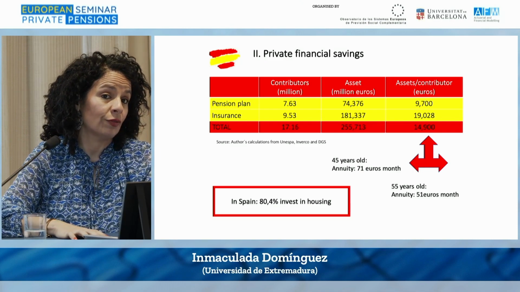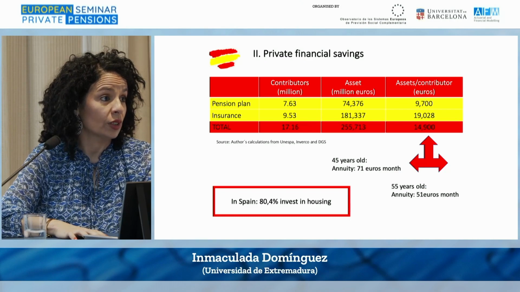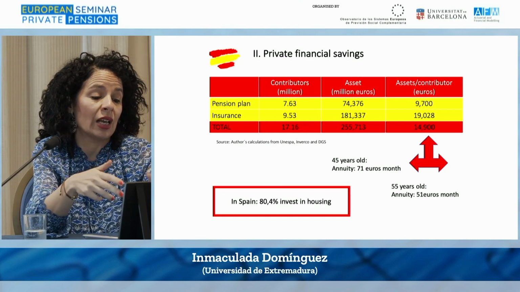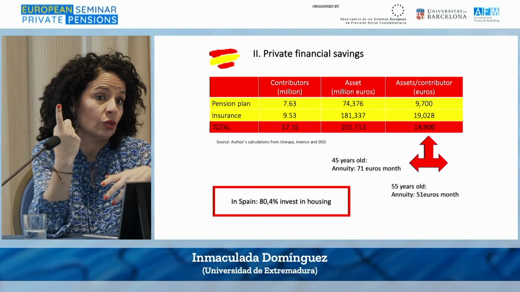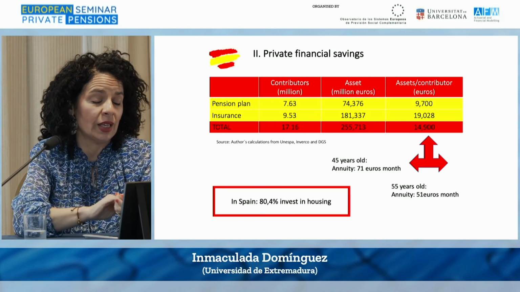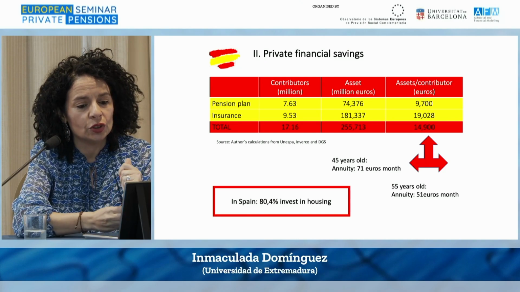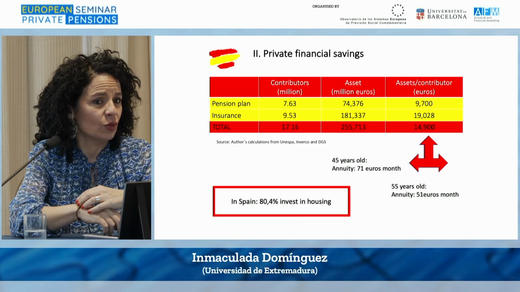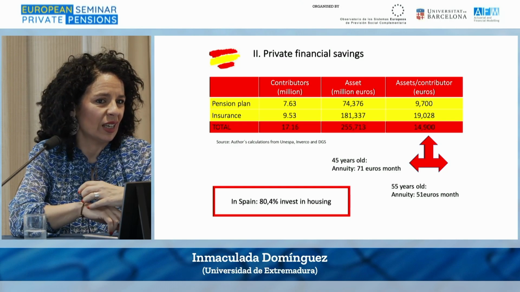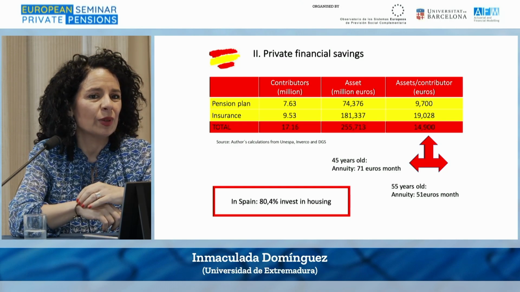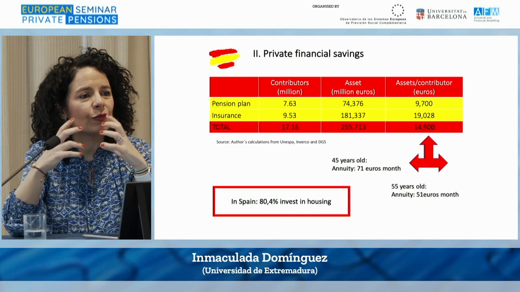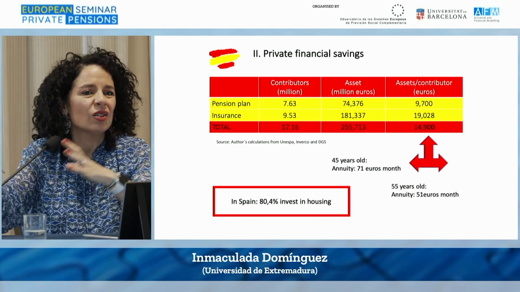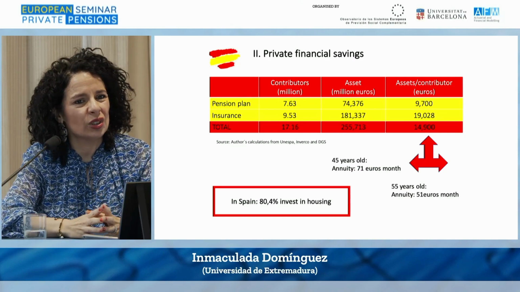You have an important fiscal advantage, and this is a good point, because a lot of people have two houses, not only one, in another place. And it's a good option because the hipoteca inversa, I don't know if you know the product, is not so good here in Spain. At the end, the people prefer to sell but not to use this product.